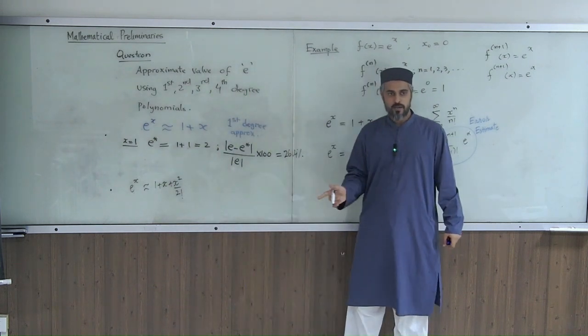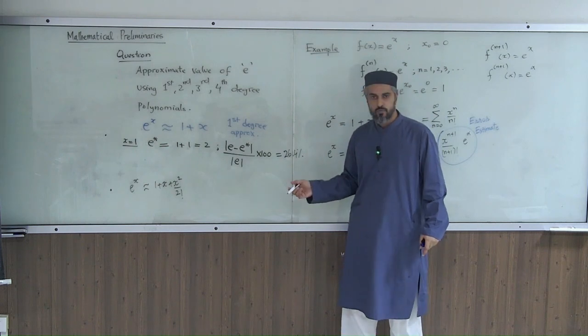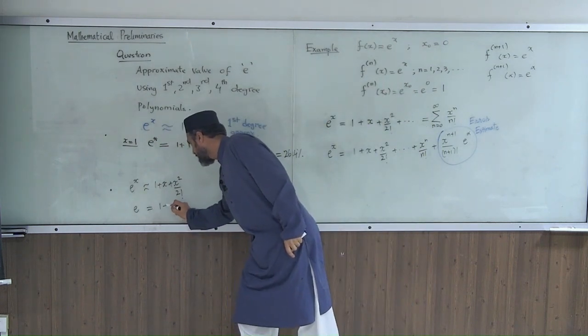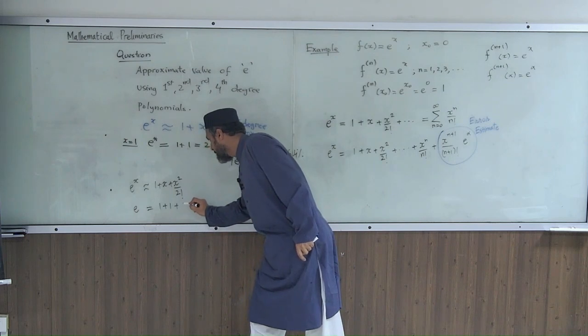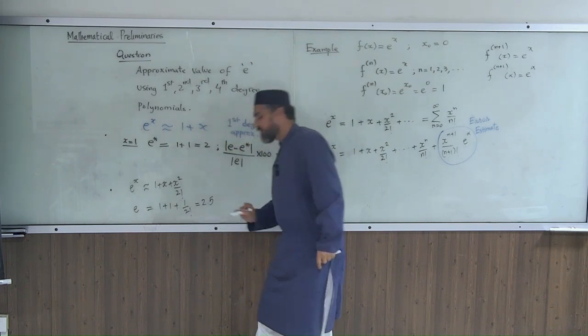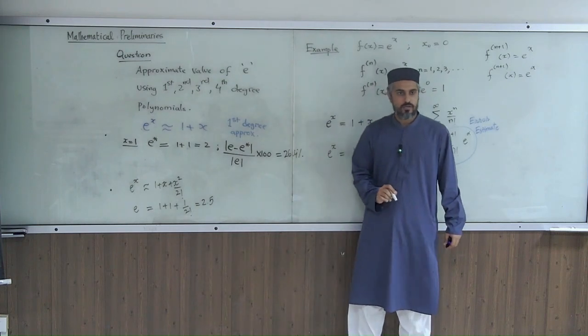If you plug x value 1, it will be 1 plus 1 plus 1 over 2 factorial, which is 2.5.